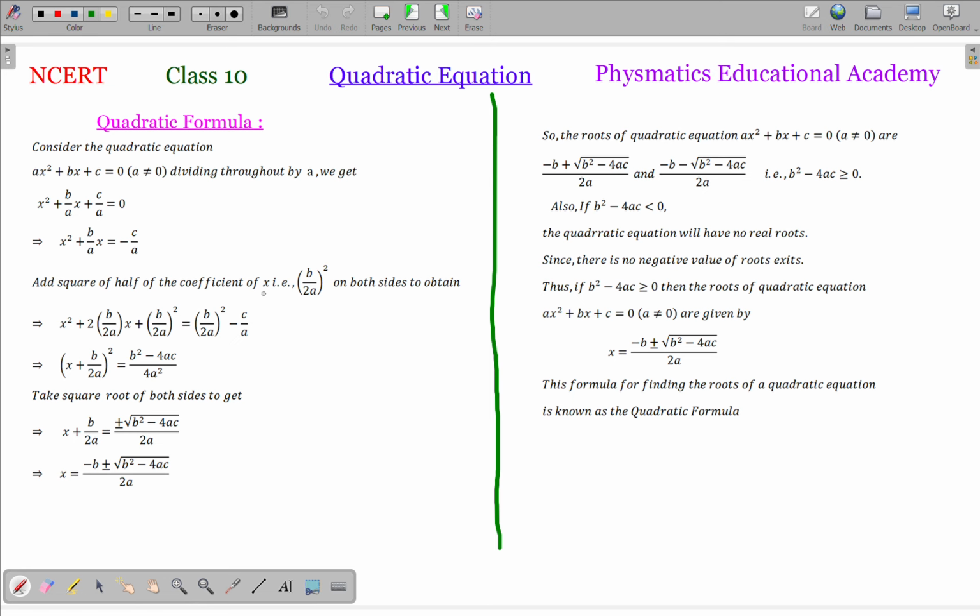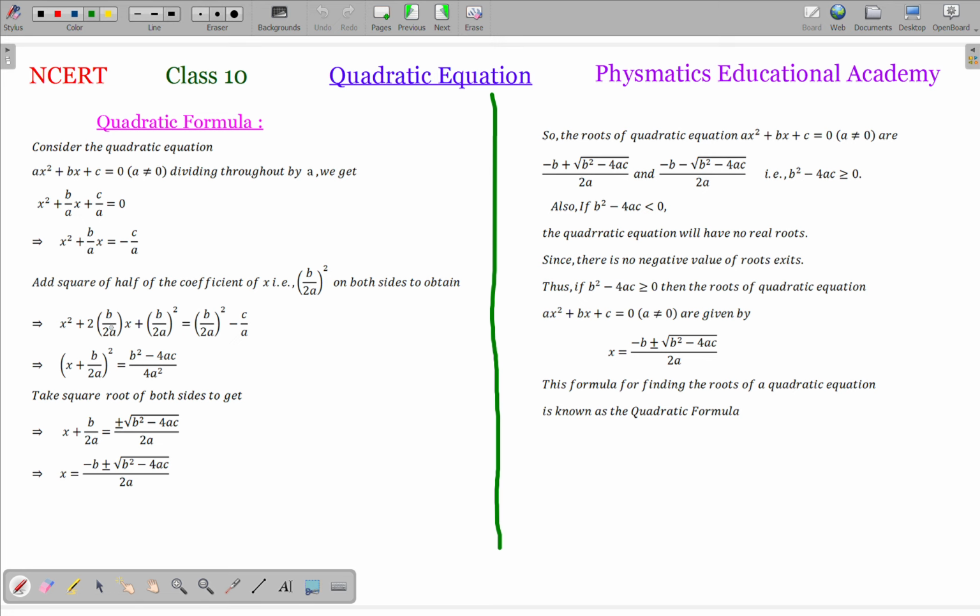Add the square of half of the coefficient of x. The coefficient of x is b by a, half of it is b by 2a, and its square is b by 2a whole square. Add this on both sides to obtain the quadratic formula.